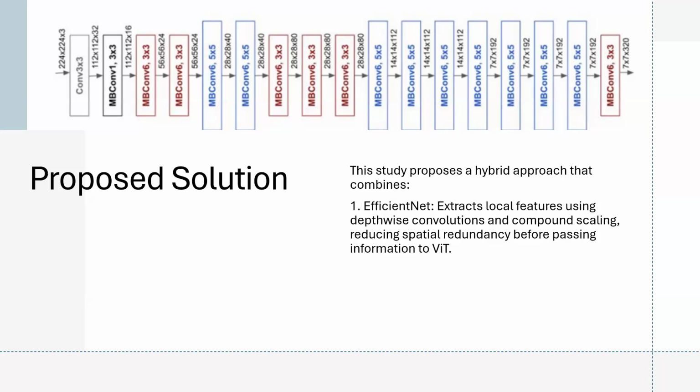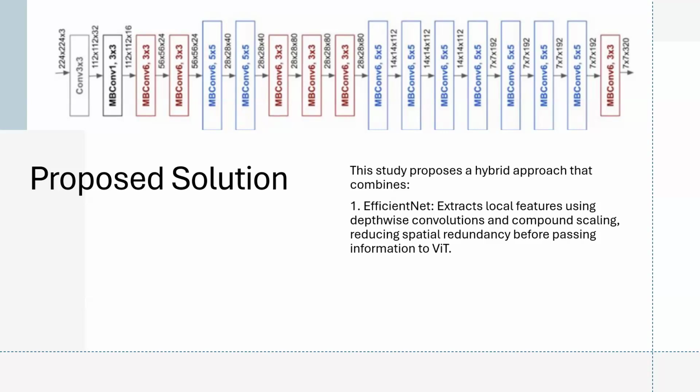Instead of standard convolution, EfficientNet uses the MB convolution blocks, which include the depthwise convolution. Each input channel is convolved separately, reducing computation. It also includes pointwise convolution, which merges information across channels. It also includes the squeeze and excitation SE block, which improves feature representation by reweighting channels.